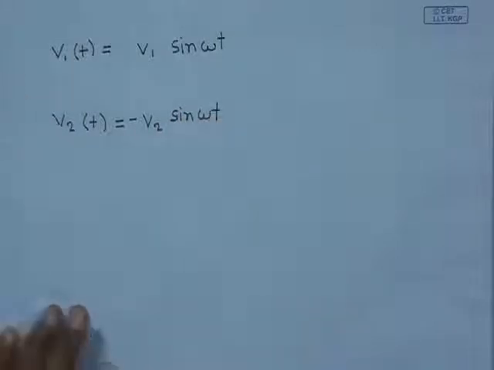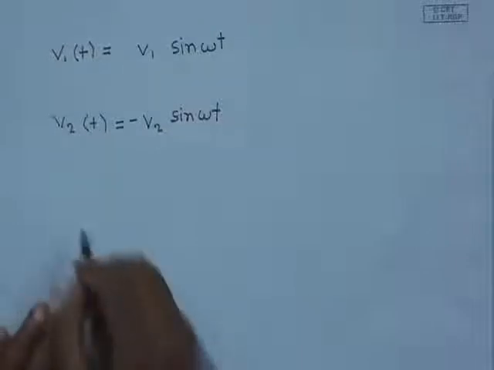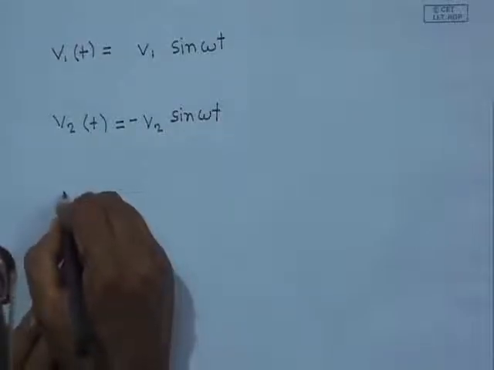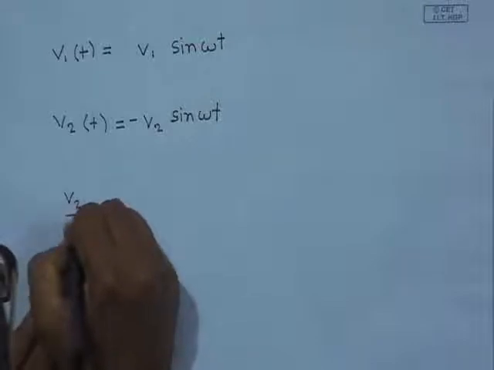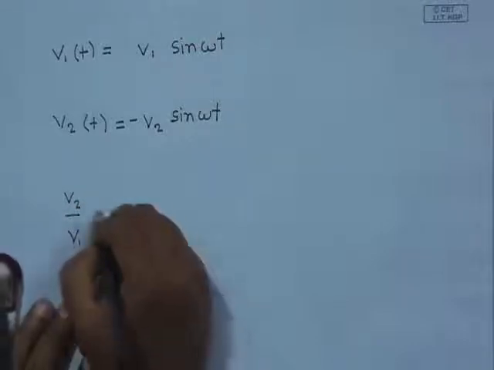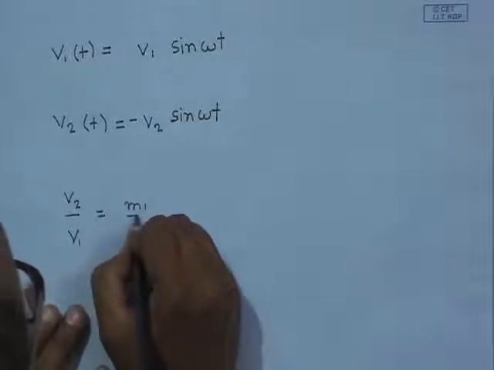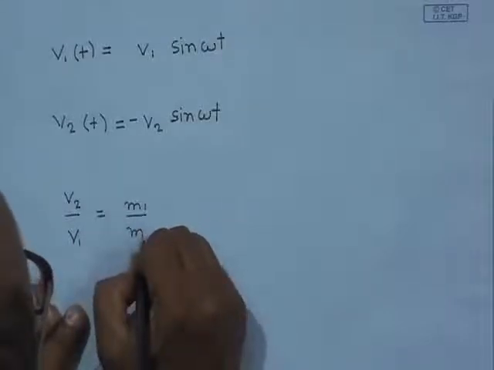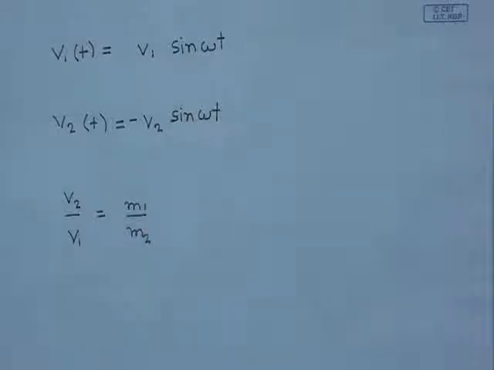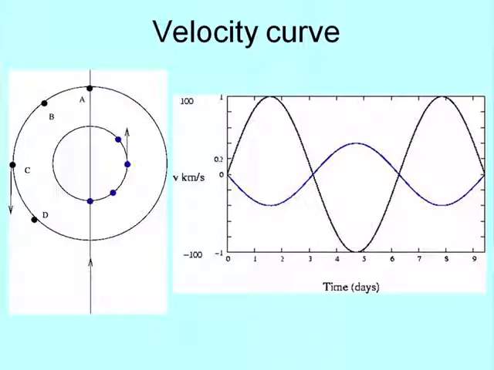So, the two velocities are exactly pi out of phase, and they have different amplitudes, everything else is the same, and the ratio of the amplitudes, v2 by v1, is equal to m1 by m2, inversely proportional to the masses. Okay. So, this is just a recapitulation of what we have discussed in the last class.